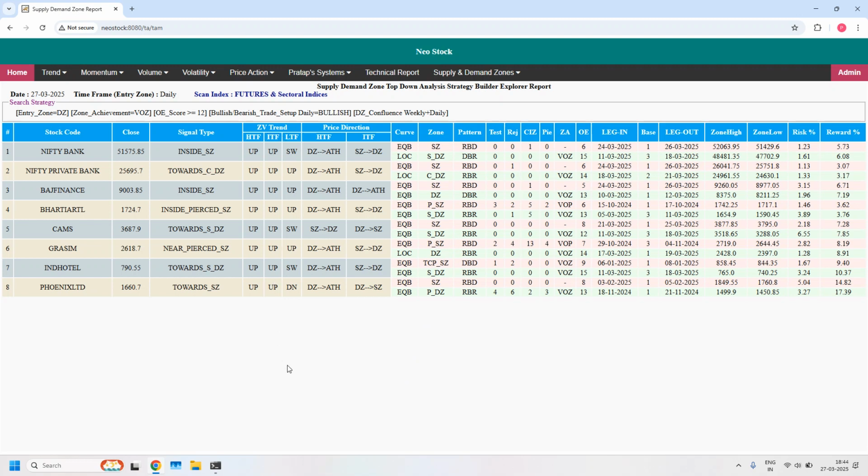So if weekly demand zone is having weekly EMA confluence, then the daily demand zones overlapped with that weekly demand zone are having even more high probability to get success. Because all these are already overlapped with weekly. But if weekly is having EMA confluence, then the daily zones have even higher probability to get success.